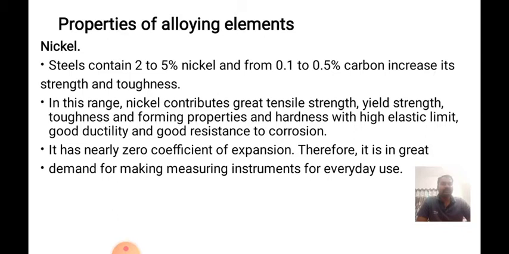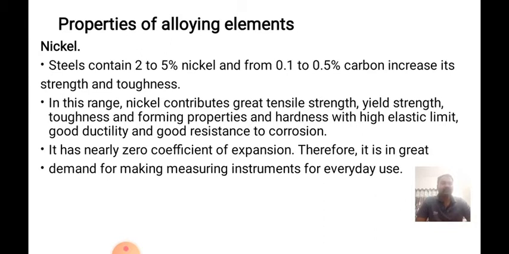As we are performing any metal working process, and after the complete manufacturing of any component, suppose there is any kind of coefficient of expansion, then some deformation in the component will take place.